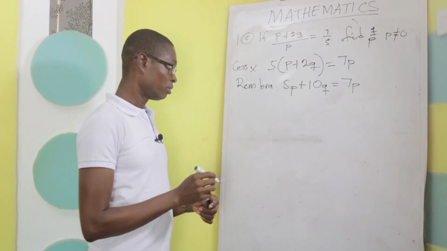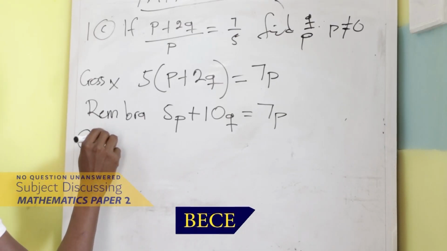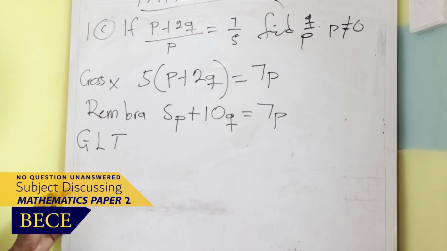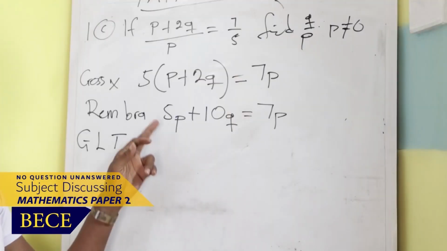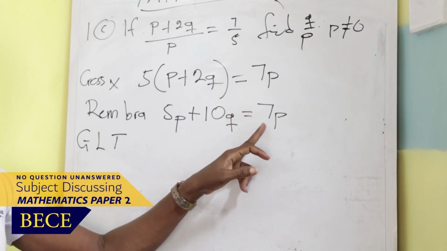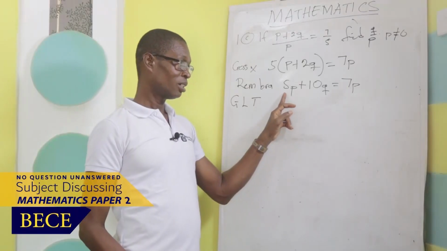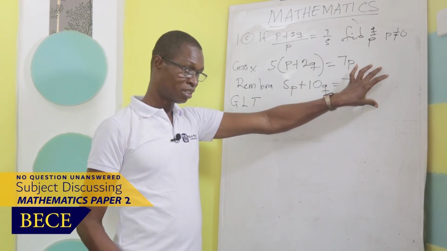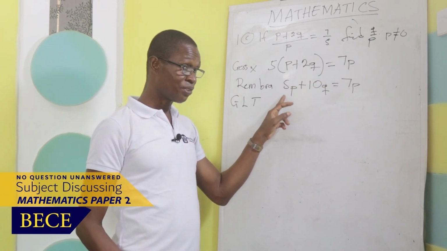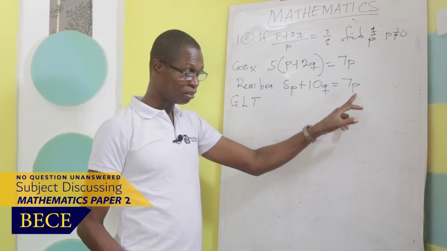The next thing is to group like terms, GLT. Now, which are the like terms? 5P is here, 7P is here, 10Q is here. So let's subtract 5P from both sides so that the 5P will vanish from here to go and join the 7P here.